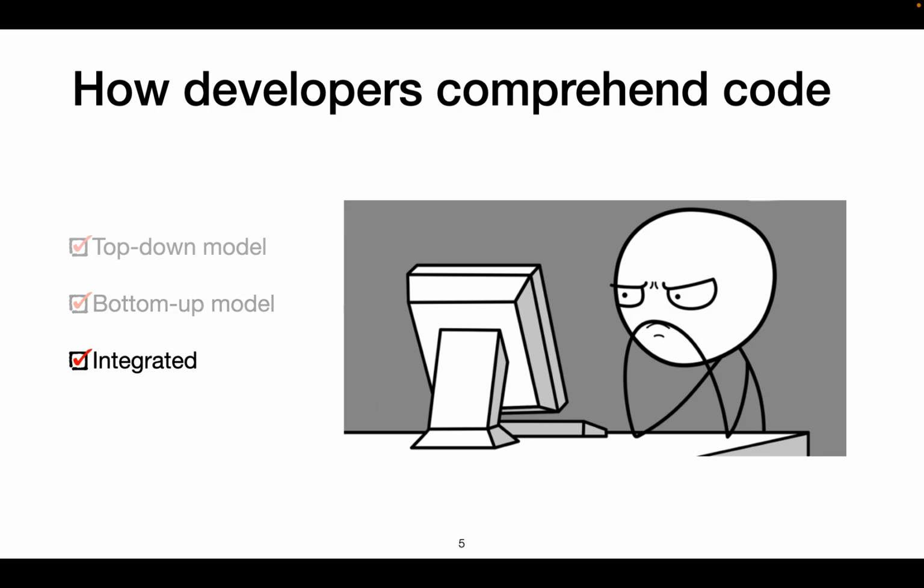And the last one is the integrated model. This is a kind of mix between top-down and bottom-up. Many times developers have an idea about some part of the code base and not other parts, so they try to mix the top-down and bottom-up models.